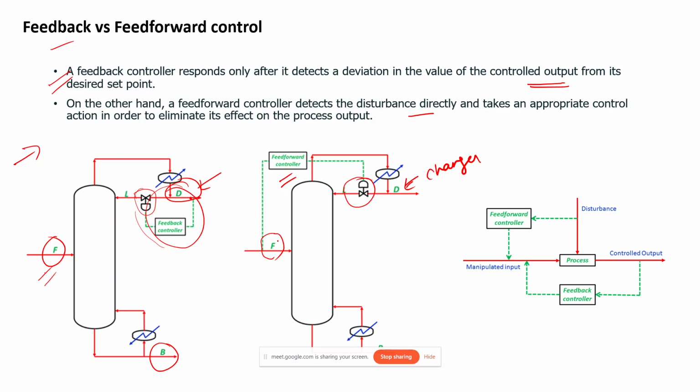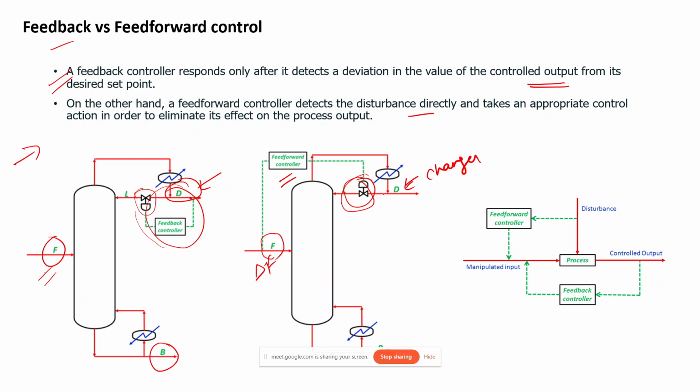We will measure the feed composition, and we will have an approximate model of the system. From that we will estimate how much my distillate composition will change corresponding to the change in feed. On the basis of that model, the control valve will take the action.